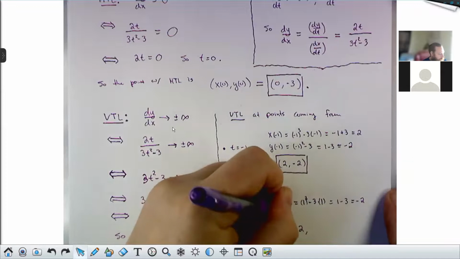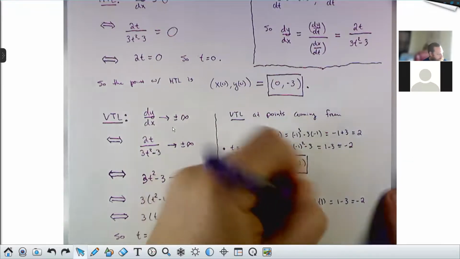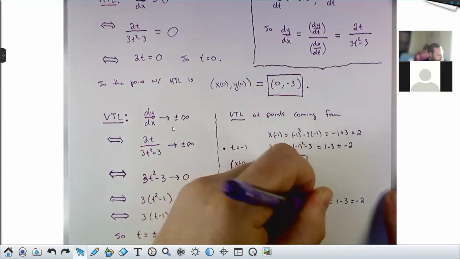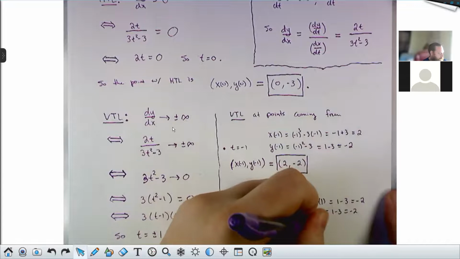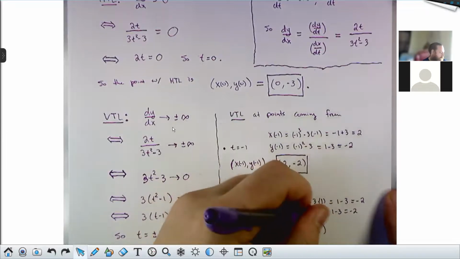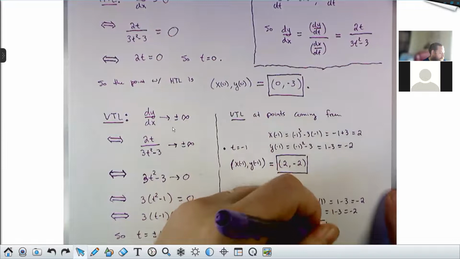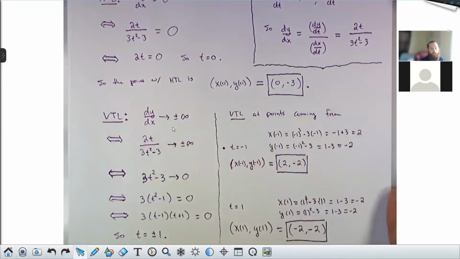And the y coordinate, y of 1, that's 1 squared minus 3, which is 1 minus 3, which is also -2. So there's our last point. So these are the 3 points where the tangent line to this curve is either horizontal here or vertical at these 2.